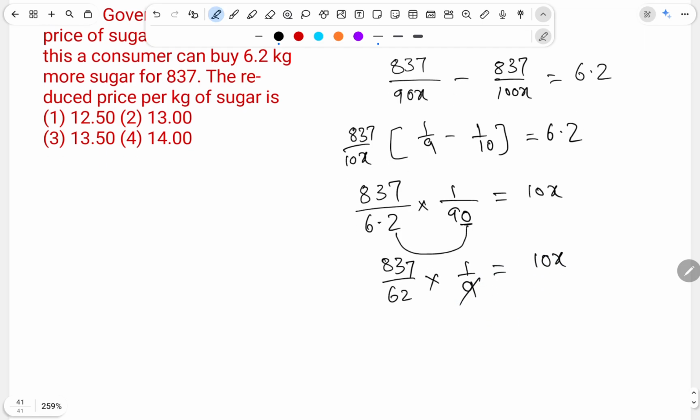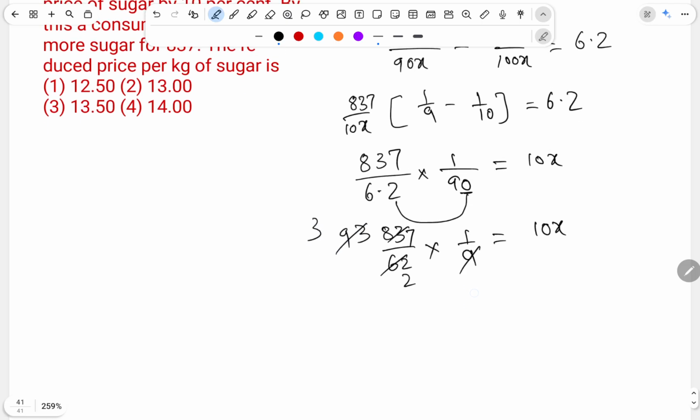Now by 9 how many times does it go? 9 9s are 81, 9 3s. Now 31 2s, 31 3s, so 3 by 2. So 10x is equal to 3 by 2, which is 1.5.